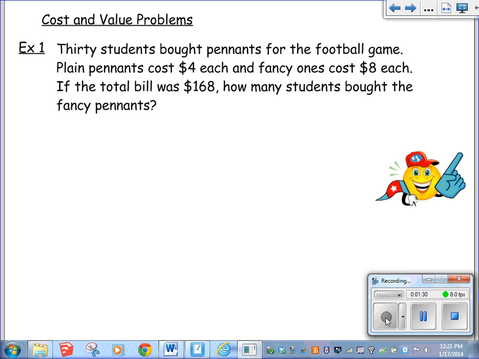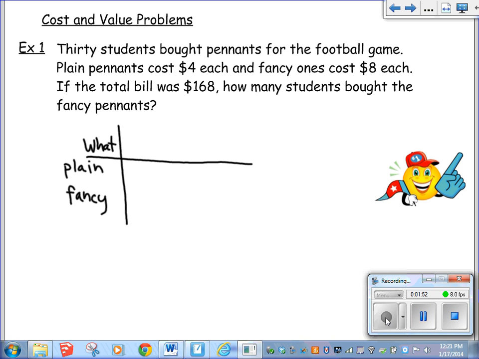But if we break it down and put it into a chart, make sure you're paying attention to the drawing, it falls apart nicely. So we're going to make a chart. Instead of who today, we're going to talk about plain and fancy pennants, right? So I'm going to just put plain and fancy.